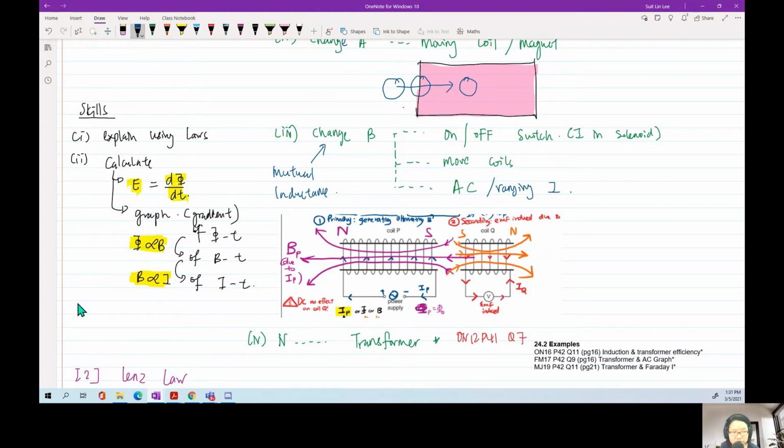They can give you a graph that you need to analyze, and they could also give you some values or some situation where you have to sketch induced EMF. So when you explain, we are going to try to go through these skills. And number four, we are going to test whether you know the difference between induced EMF versus Hall voltage.